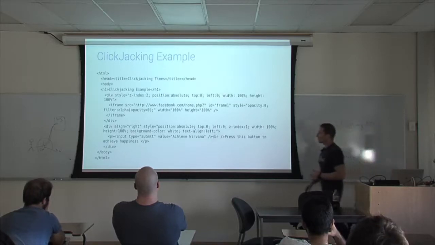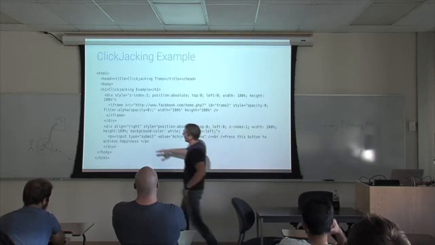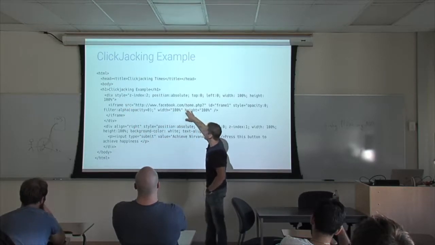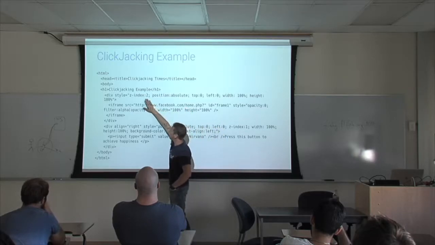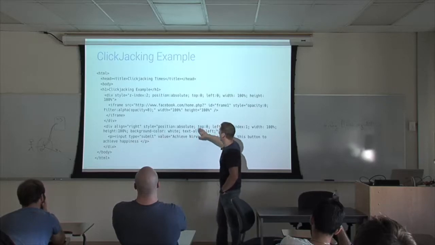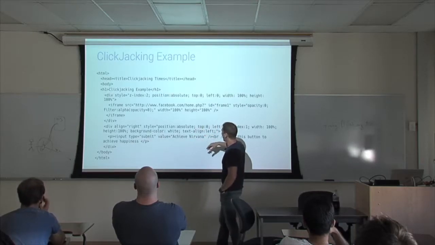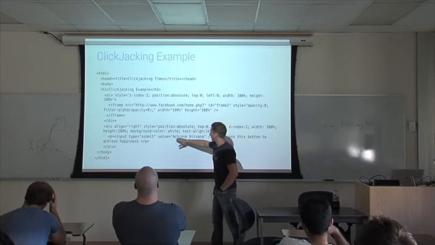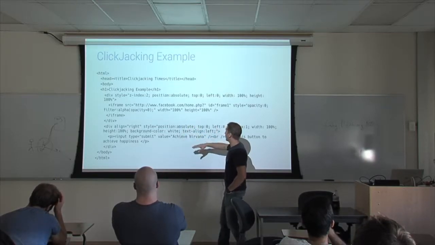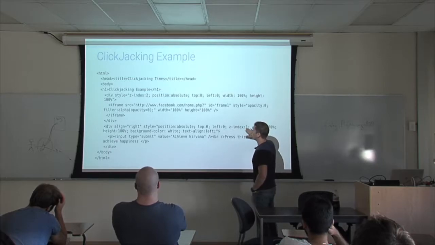So this would be an example where you create two iframes, okay? One that has, for example, facebook.com, and a z-index of 2, and then you create another one which has, for example, a page saying, achieve nirvana, click on this button and you will be awesome. And you can see that the z-index here is 1.